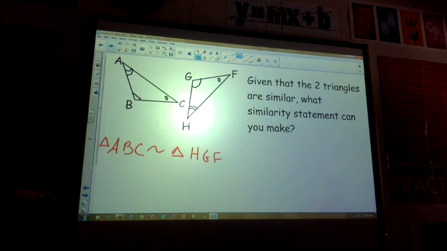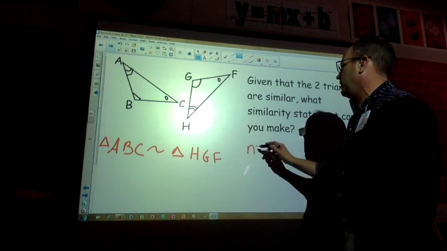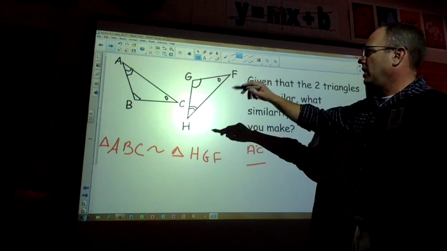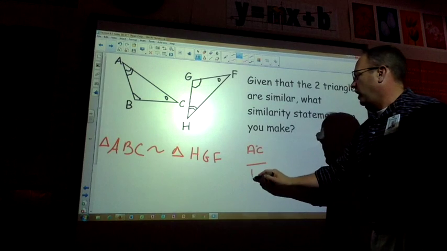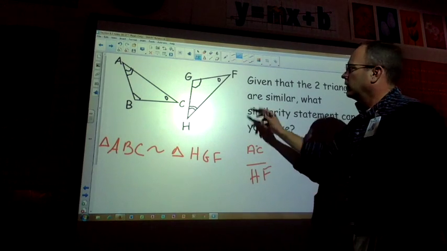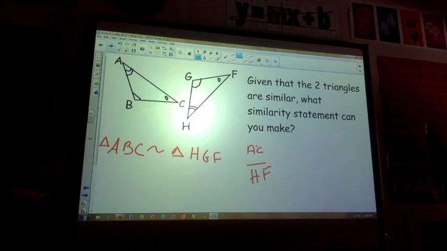So I could have changed triangle ABC to triangle CAB or CBA or whatever, as long as I can make the other one similar, keeping the ratio in the same order. What can I say about the sides? Well, I can say that AC, I'll just do one of them, AC is double HF. And there's a whole network of them that I could do, including the perimeters.